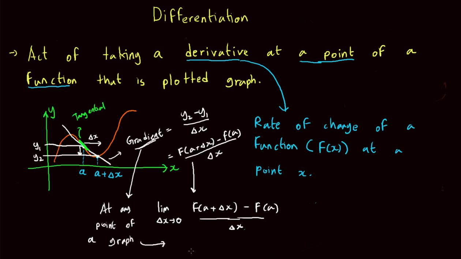For instance, if we are plotting a distance versus time graph, the gradient of the graph is velocity or speed in this case. So the gradient will represent the speed at a point.